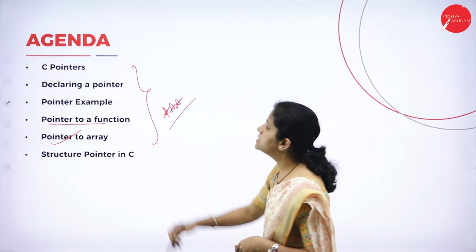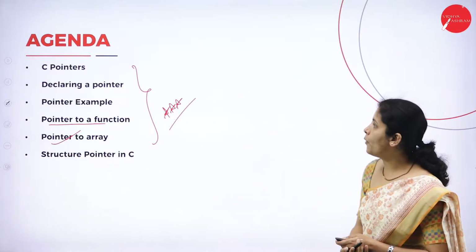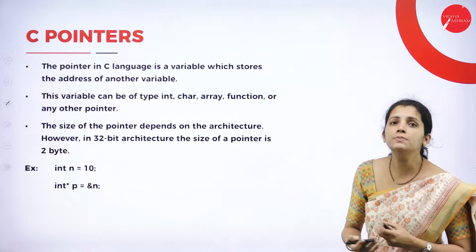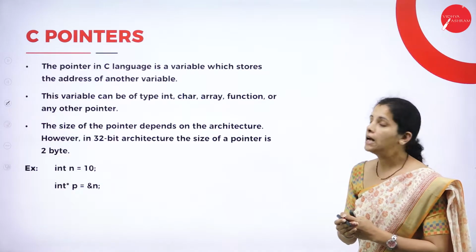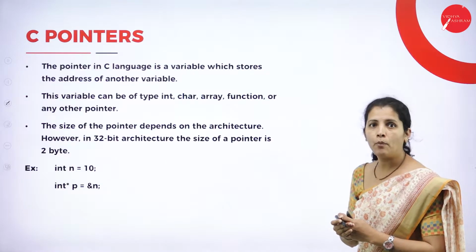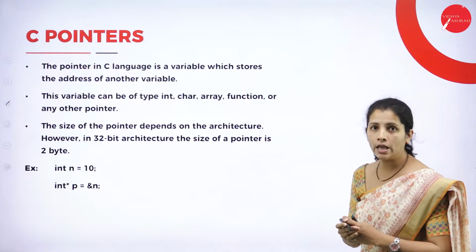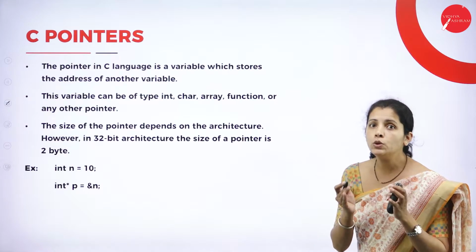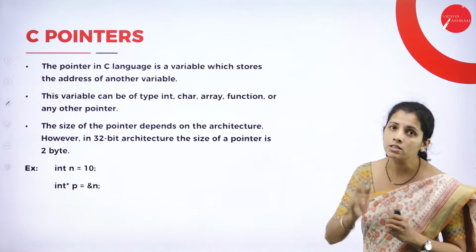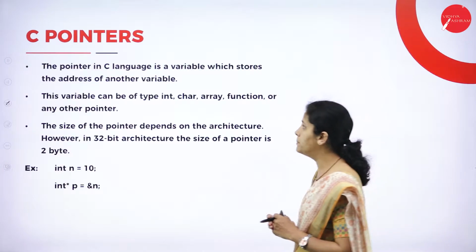Now let's see what a C pointer is. Suppose I consider a C program, pointers are nothing but variables. They are mainly used to store the address of another variable.